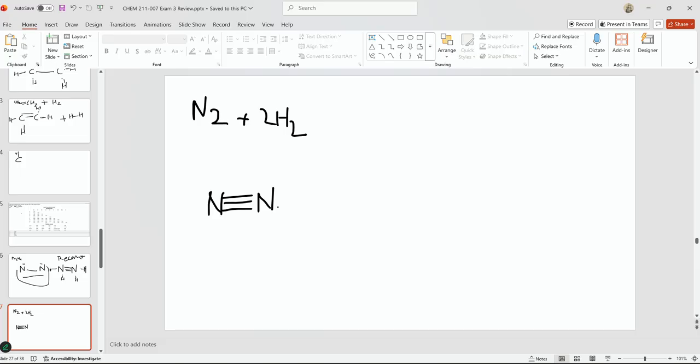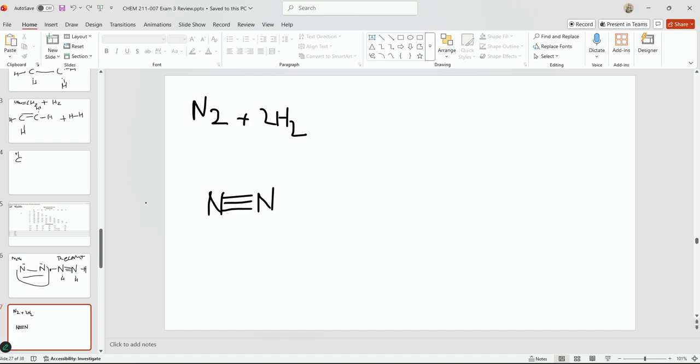Can anyone hear me? These 2. 2 on what? Like 2 like this? No, like 1 for each N. Okay, cool. So do you guys understand how to make the Lewis structure and how the bonds came here, at least up to that part?